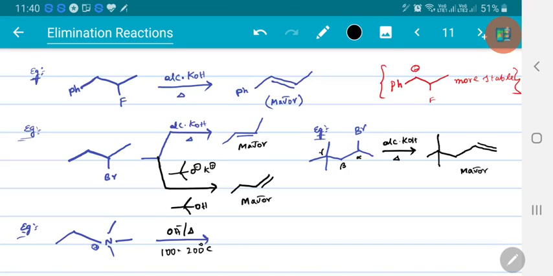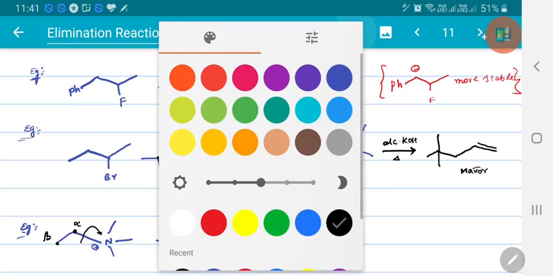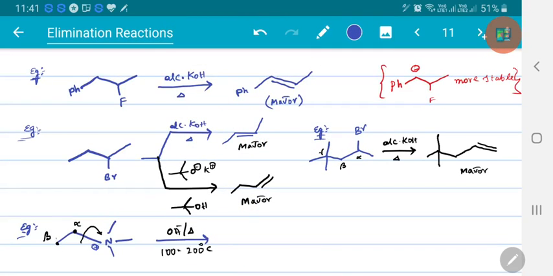Now here what happens, the base will approach; if I consider this as alpha, then this will be beta. So the base approaches the hydrogen from the beta position, right? Then that bond gets shifted here, making this group leave. We have hydrogens here, hydrogen, hydrogen, hydrogen, right?